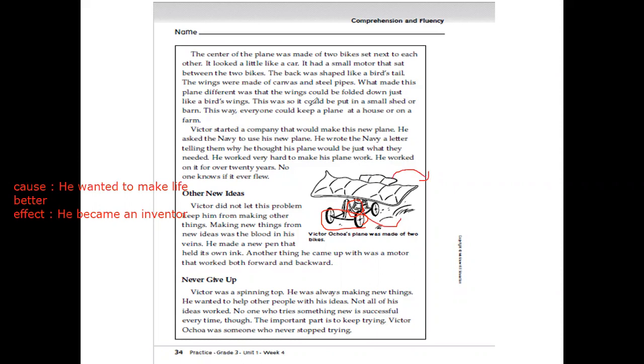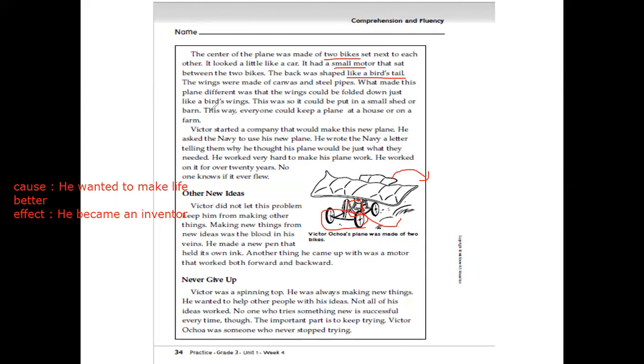So let's complete our reading. The center of the plane was made of two bikes set next to each other. It looked a little like a car. It had a small motor that sat between the two bikes. The back was shaped like a bird's tail. The wings were made of canvas and steel pipes.